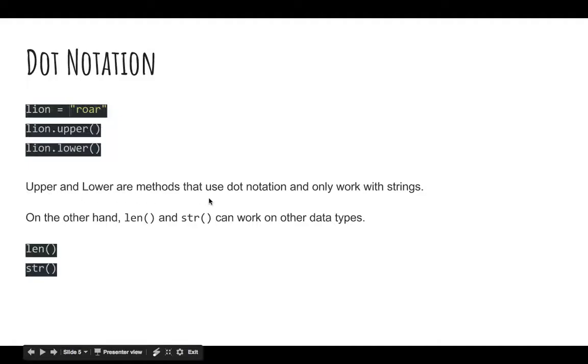These are methods that only work with a string. So if you have a variable like lion with this value, you can turn this string to uppercase like this, lion.upper, or you can turn it back into lowercase like this, lion.lower.